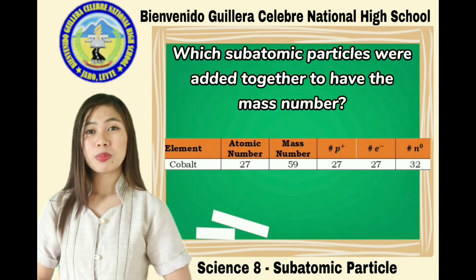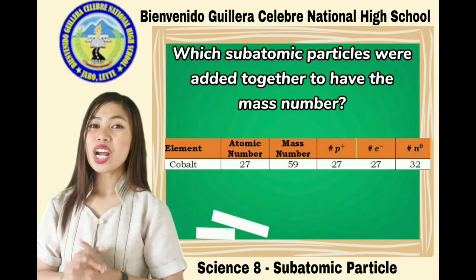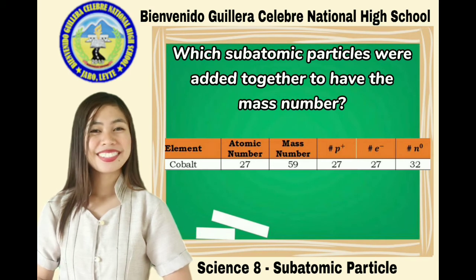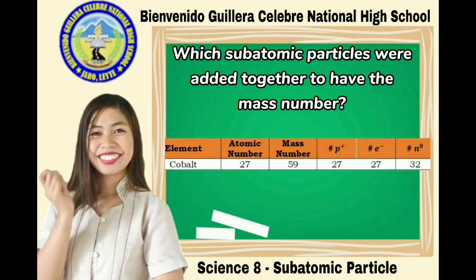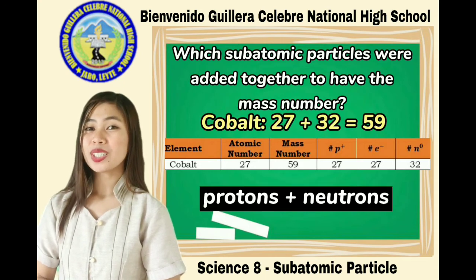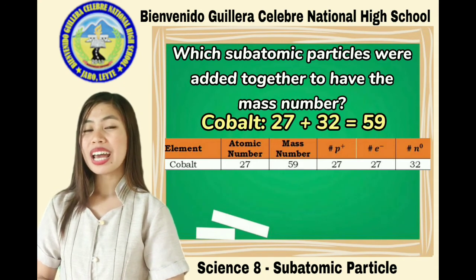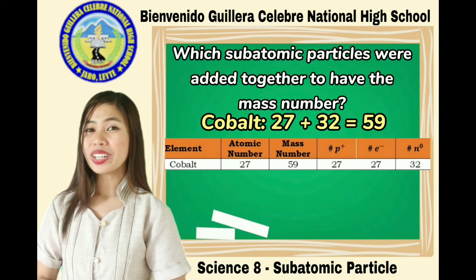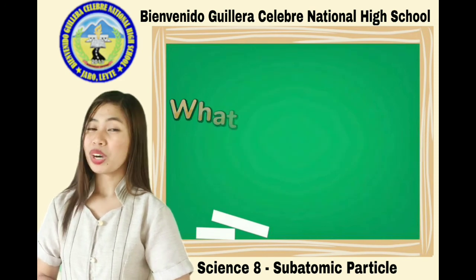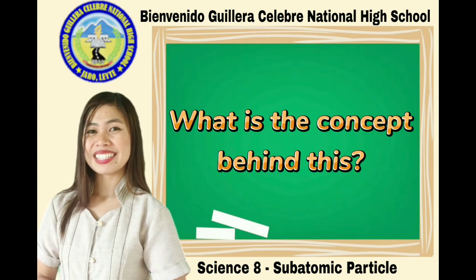Which subatomic particles were added together for us to have the value of the mass number? Yes, this could be protons and neutrons, or electrons and neutrons, or it could also be atomic number and neutrons. Now, what is really the concept behind this?